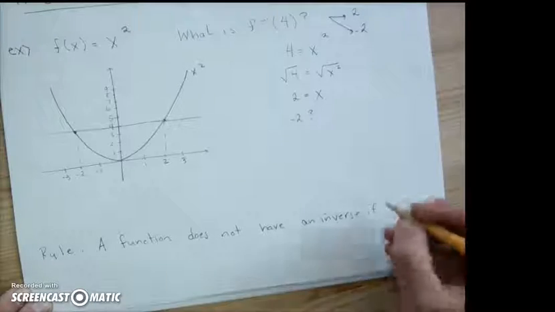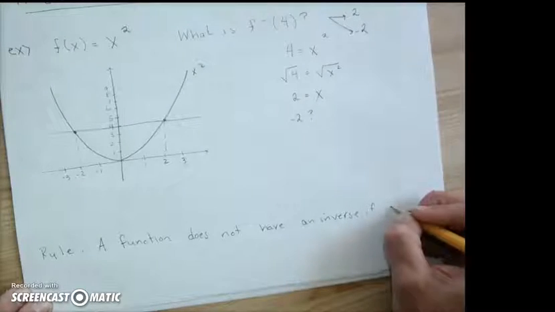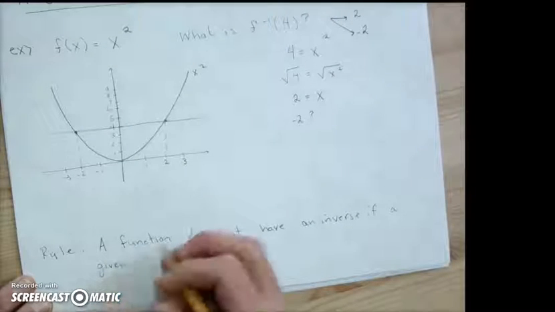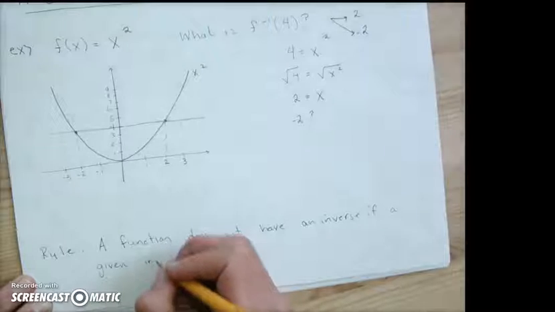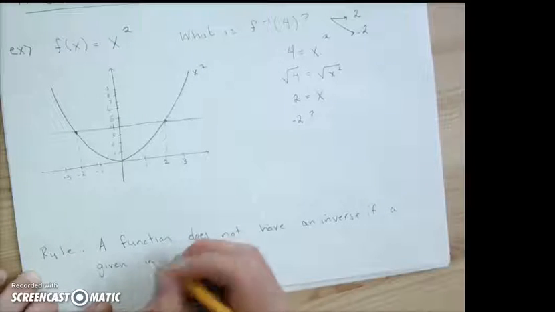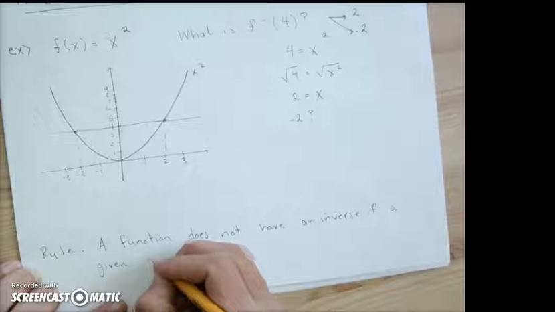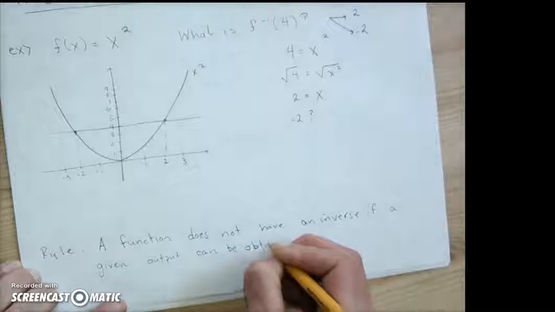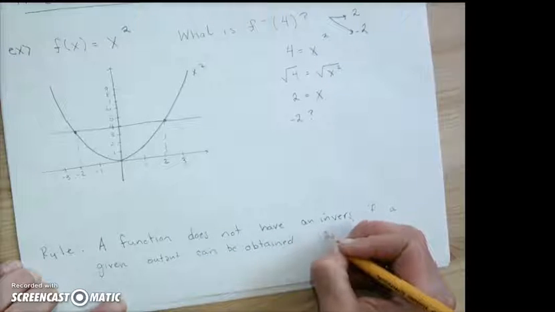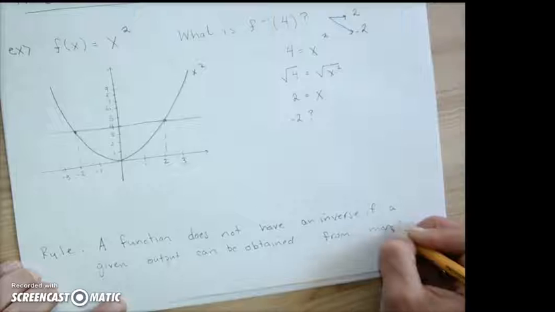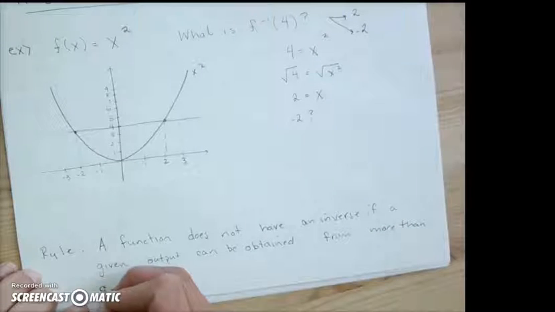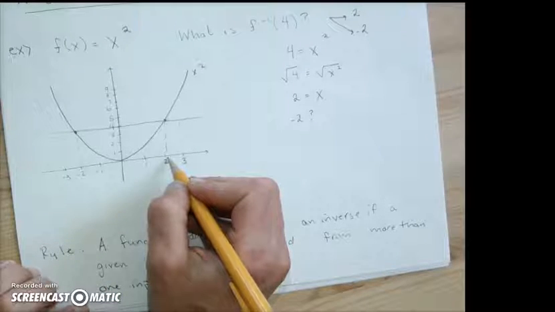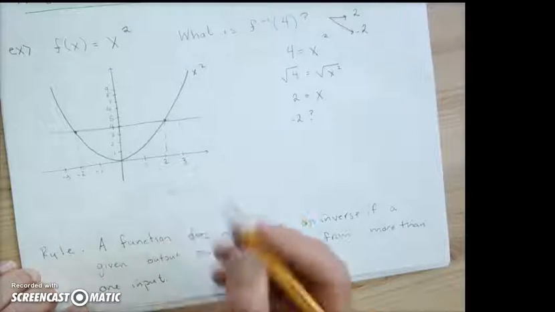Okay, so a function does not have an inverse if a given output can be obtained from more than one input. So what I mean is that there are two x values or more that give the same y value.